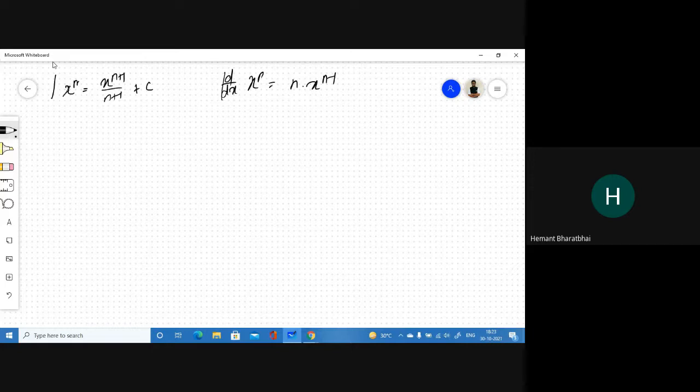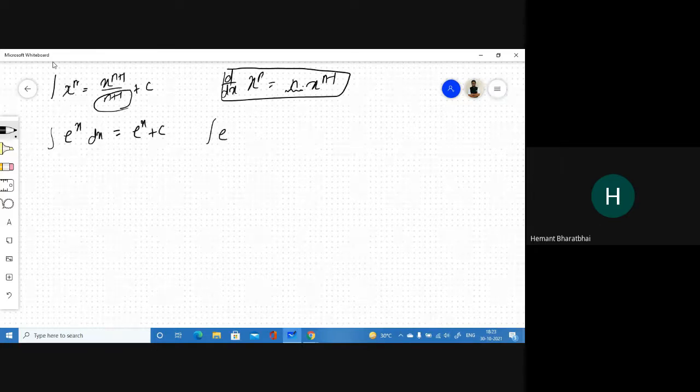Now here is the major thing which you have to understand. Here the constants get multiplied in derivative and in integration they will always get divided.